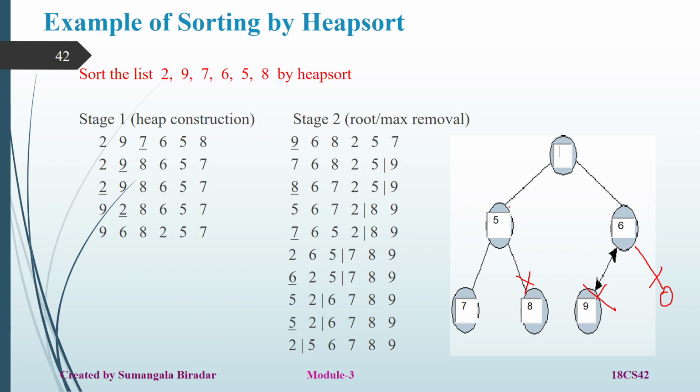Okay. In the next level, for example, in this one it is over. Assume that only these 3 nodes are there. Okay. Then if this node is also not there, these 2 nodes also you consider. In this level, if this node is not there, from these 2 nodes also you can consider it as a heap tree.